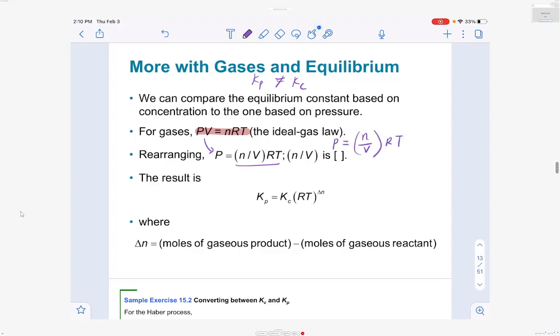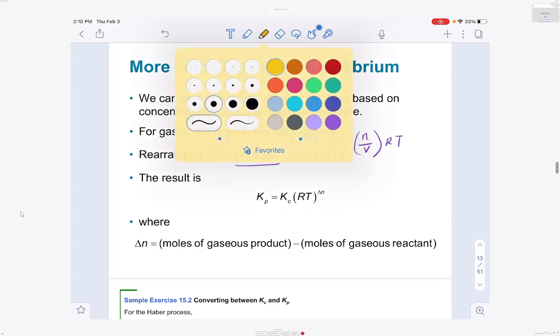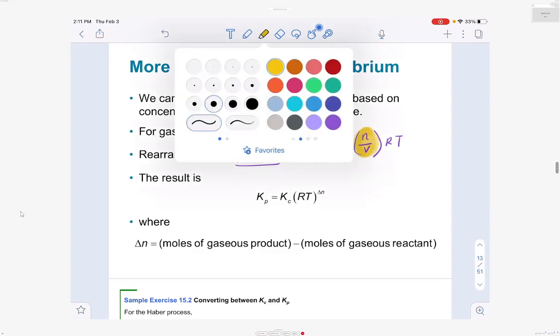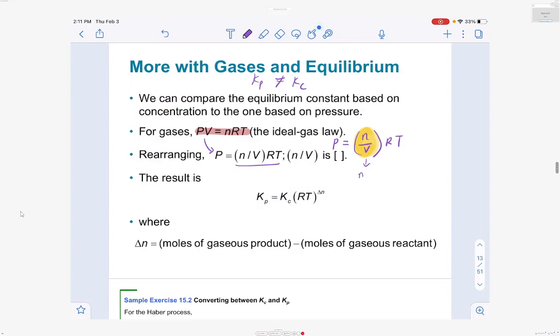This n over V is basically mole per liter, because n has a unit of mole and volume has a unit of liter.